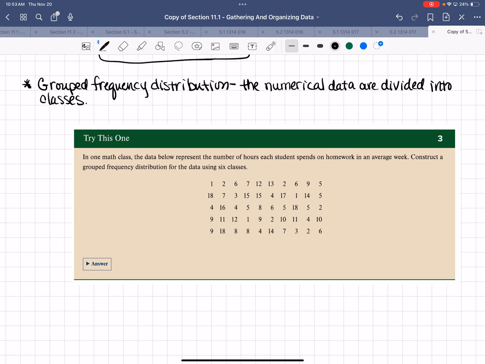And here's an example of how we use grouped frequency distribution. If I took a survey or I asked the entire TJC population to record their weight, that I was doing a study of the weight of college students, okay?